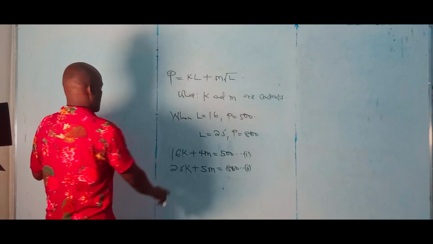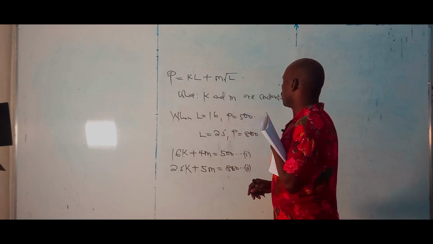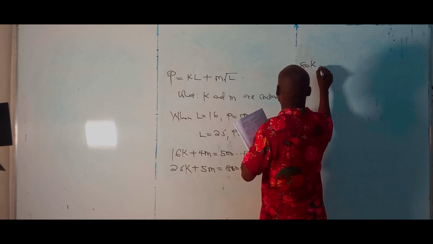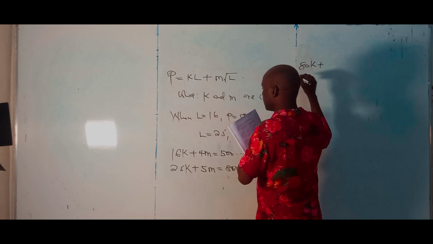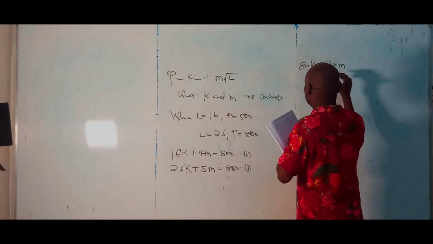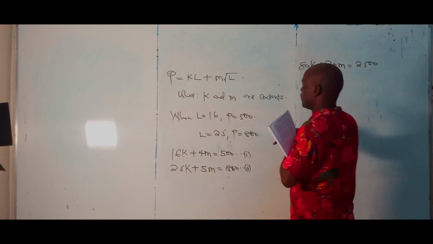If I multiply the upper one by 5, 5 times 16 is 80, so that's 80K plus 20M is equal to 2,500, because 500 times 5.